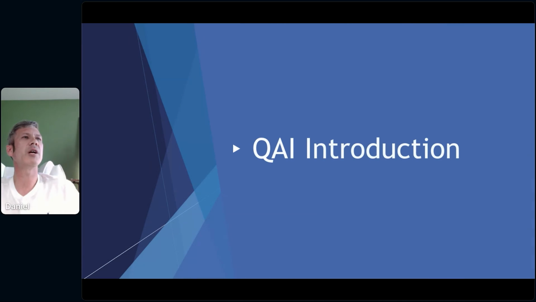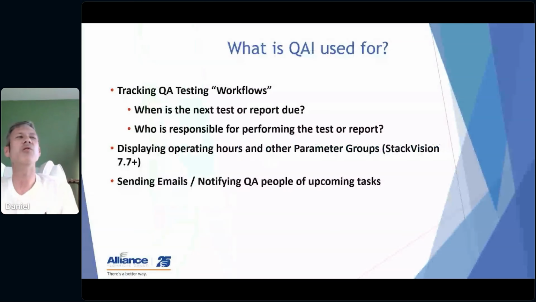So again, introduction to QAI. What is QAI used for? In developing this product, one thing I always think about is that we have another product, Flex Reports, where lots of times I'm dealing with sending stuff over to an EMIS. Well, the one thing QAI does really well is tracking that QA test activity, those workflows. When is the next test?